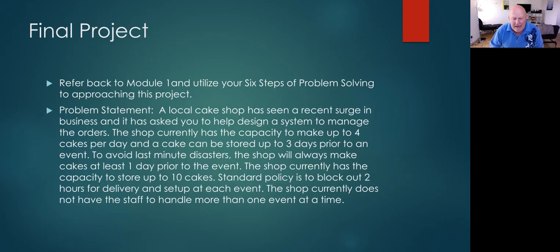To avoid last-minute disasters, the shop will always make cakes at least 1 day prior to the event. The shop currently has the capacity to store up to 10 cakes. Standard policy is to block out 2 hours for delivery and setup at each event. The shop currently does not have the staff to handle more than 1 event at a time.